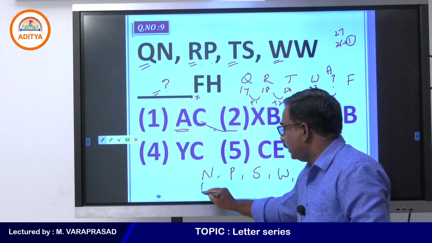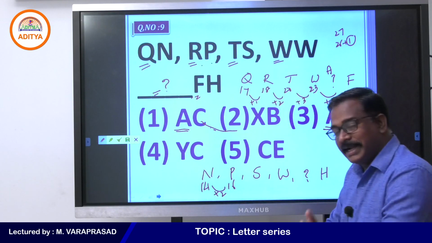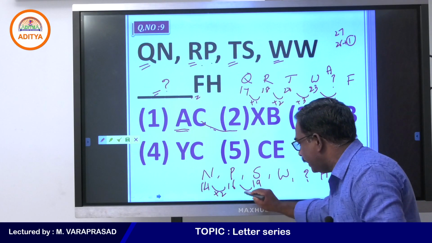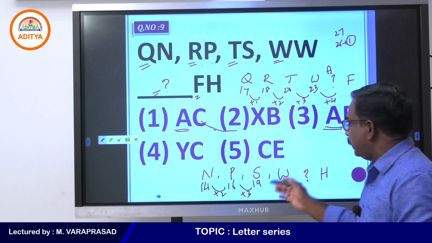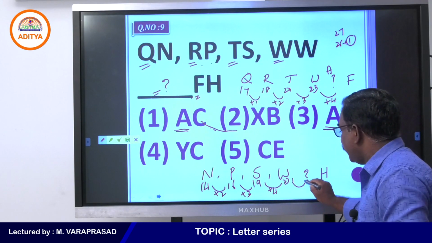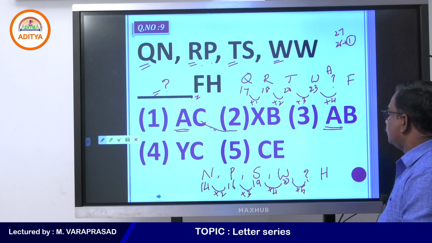So what is the second letter series you see? N is the 14th letter and P is the 16th letter, plus 2. The second letter series is going on plus 2 and this is 19, plus 3. Started from plus 2, plus 3, plus 4. So you will get here plus 5, 23 plus 5, 28.